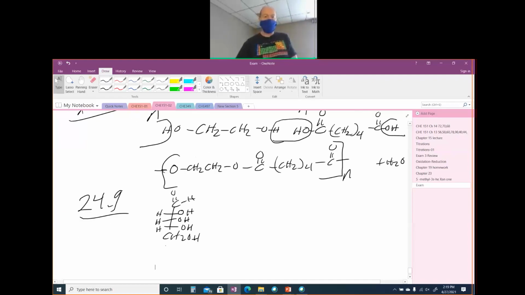It is an aldopentose. And all the OHs are on the same side. All right, so it's got an aldehyde group, pentose because it has 5 carbons, and O's because it is a sugar. So that is ribose.